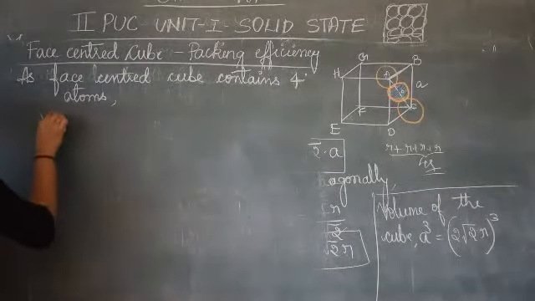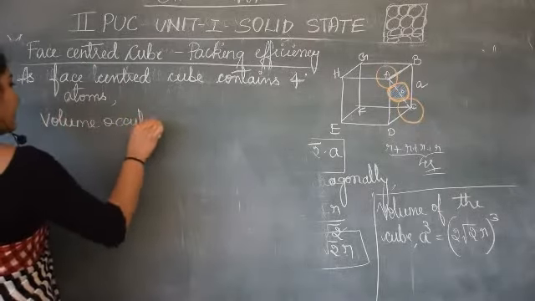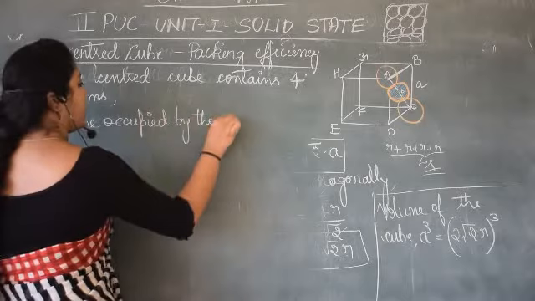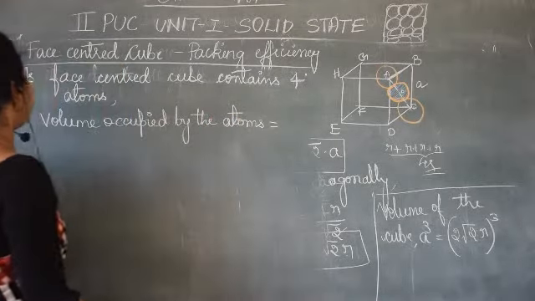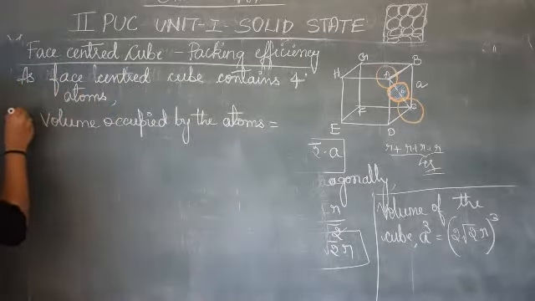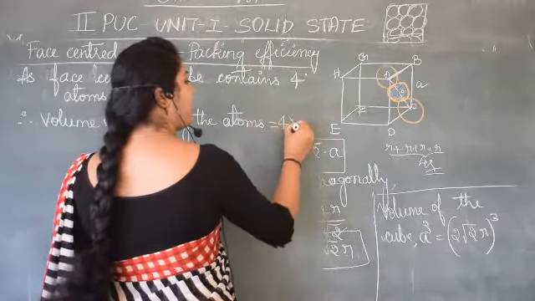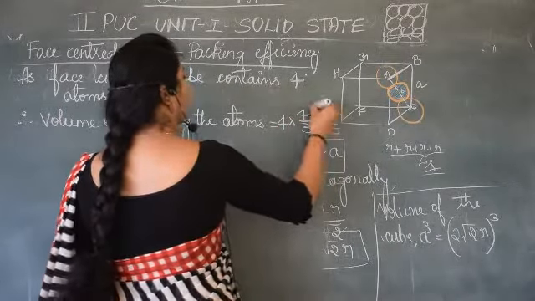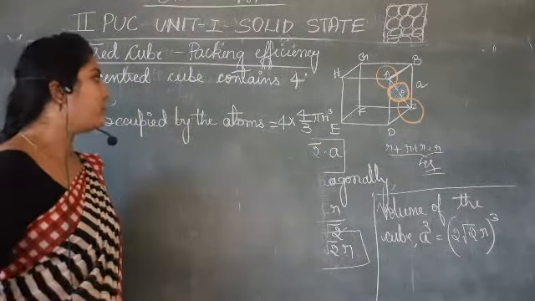Therefore, volume occupied by the atoms is equal to 4 into 4 by 3 pi r cube.